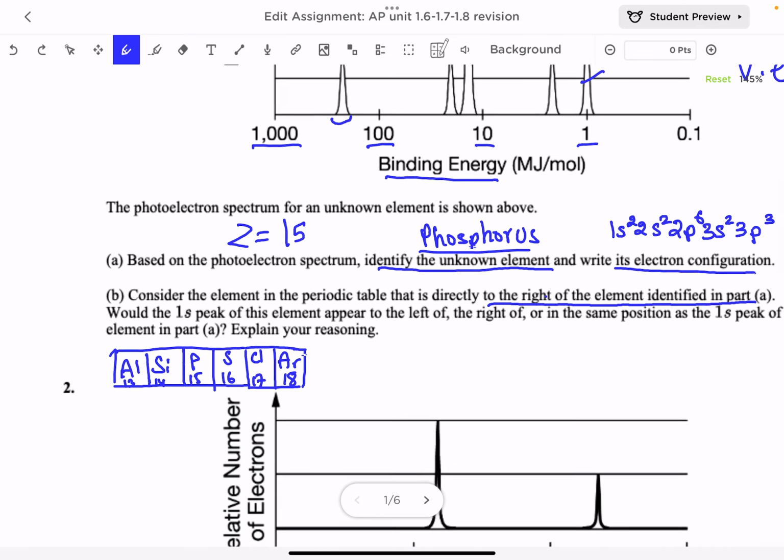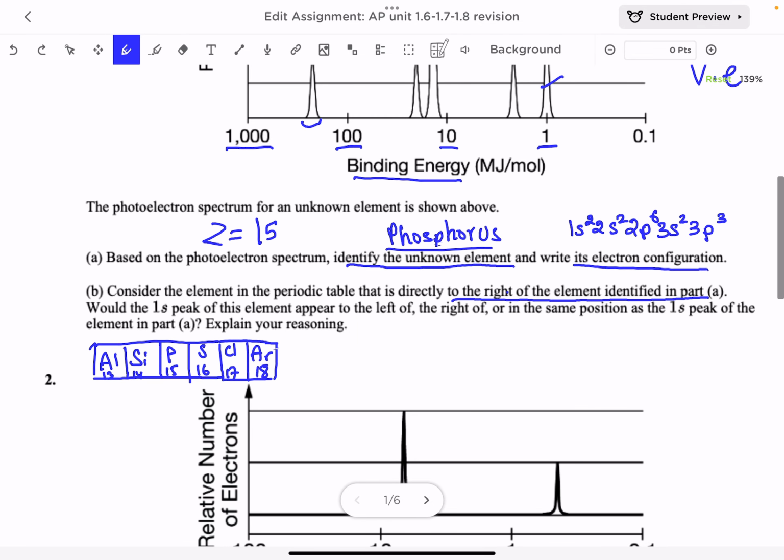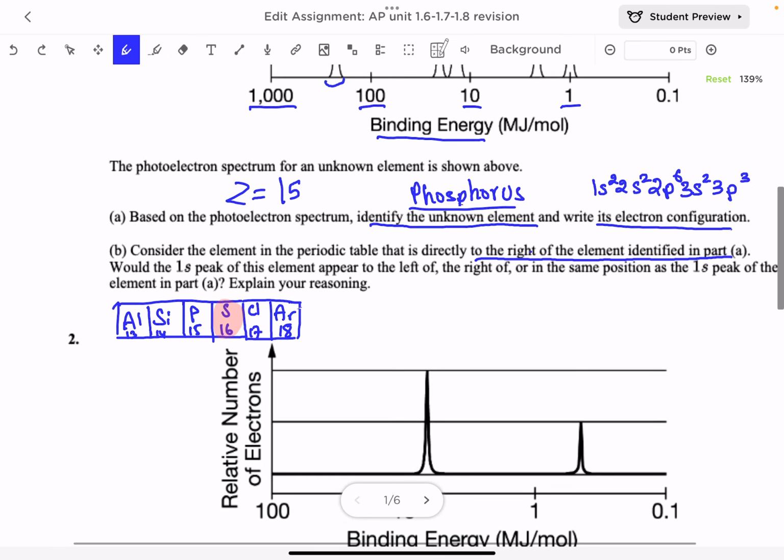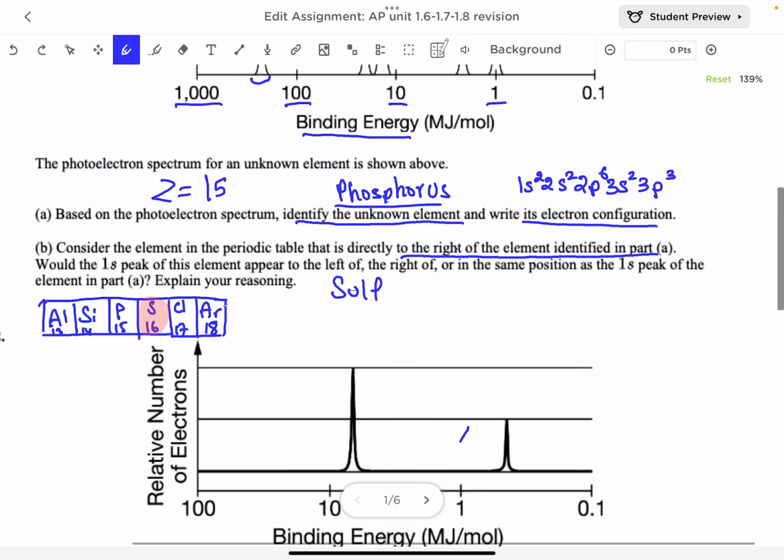So which element are they talking about? They are talking about the element that is to the right of the identified one. So here's the element. So it is sulfur. They're talking about the sulfur atom.